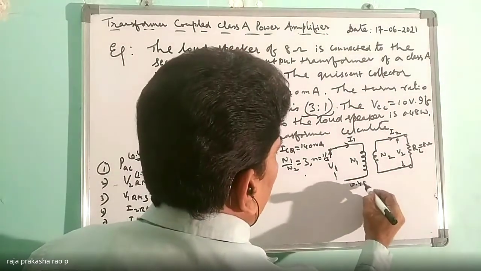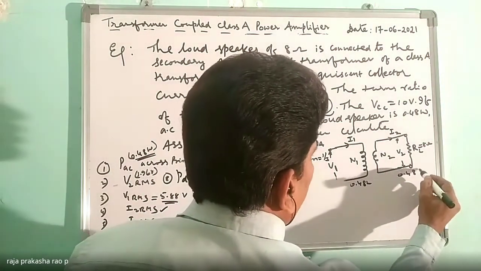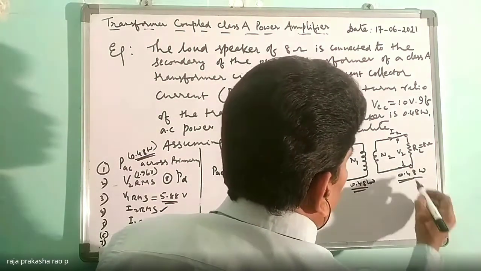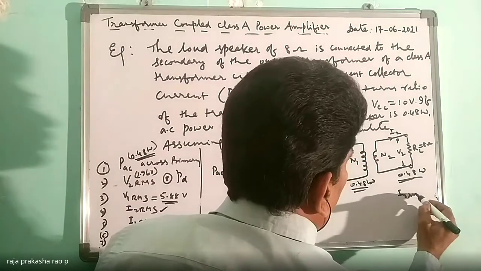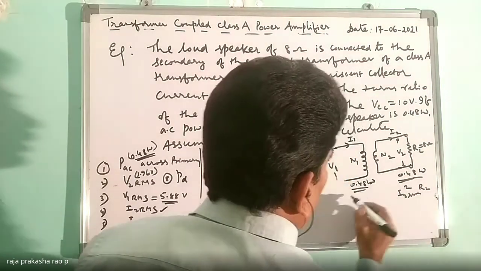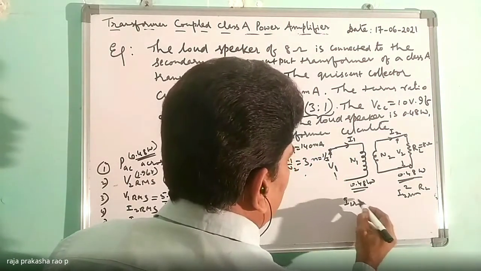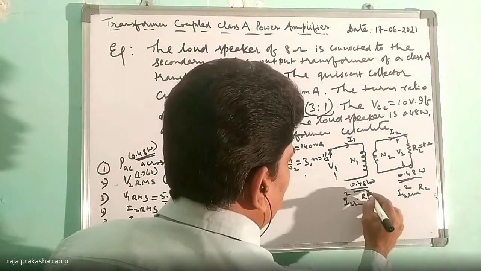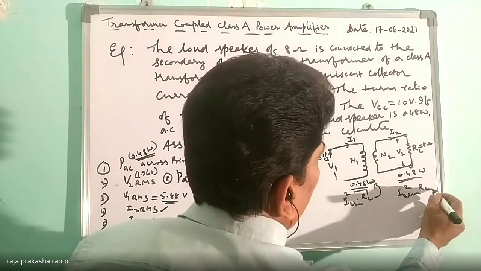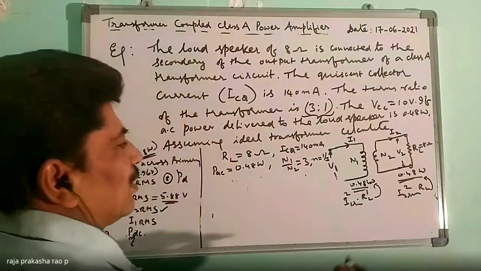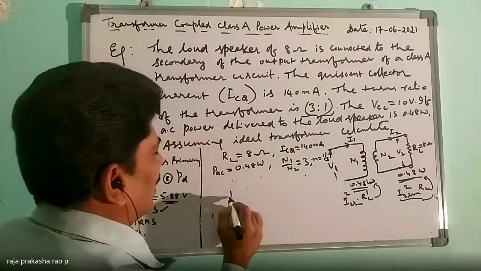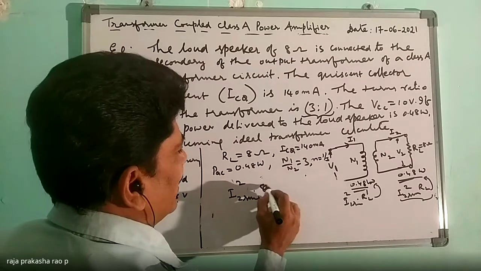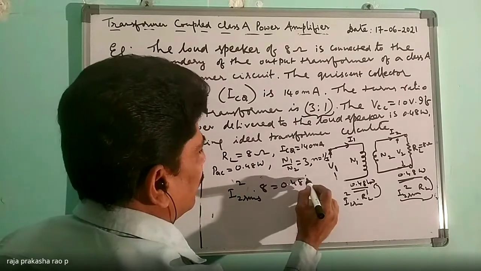Here 0.48 watts, here also 0.48 watts. So on the output side, it is I2 RMS square into RL. On the input side, it is I1 RMS square into RL dash, equal to 0.48 watts. Now we will use this equation. So I2 RMS square into RL, which is 8, is equal to 0.48 watts.